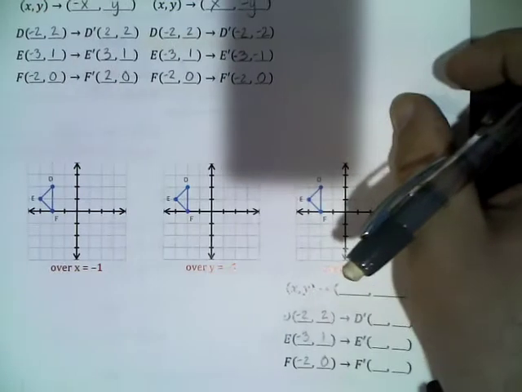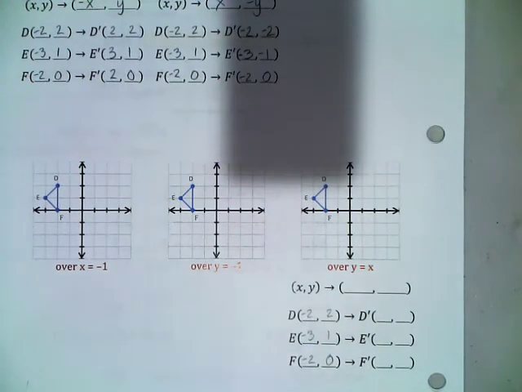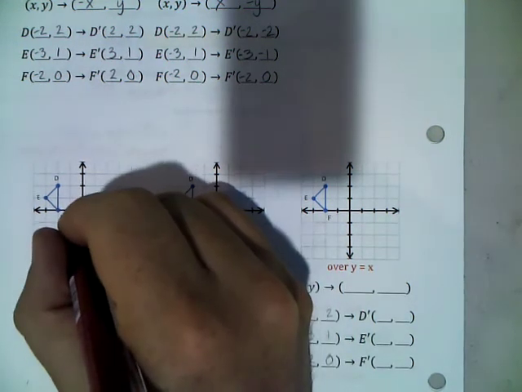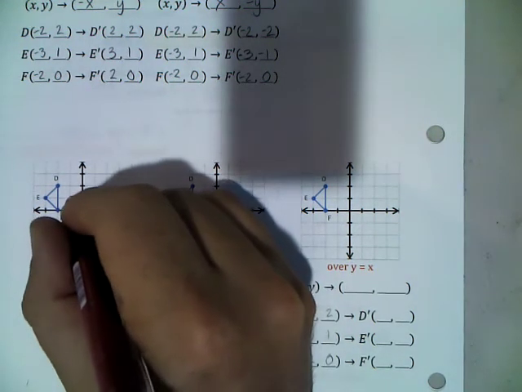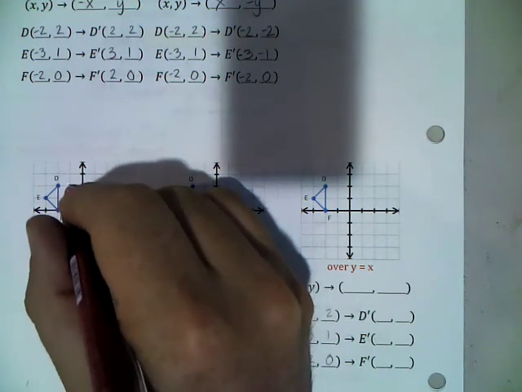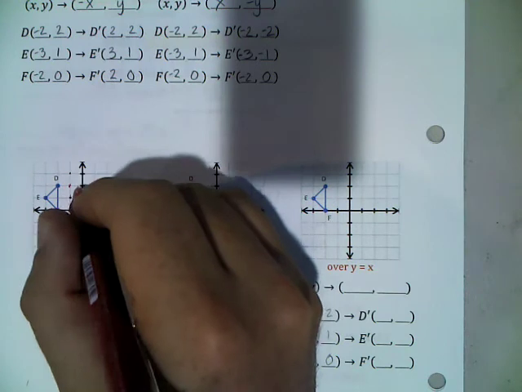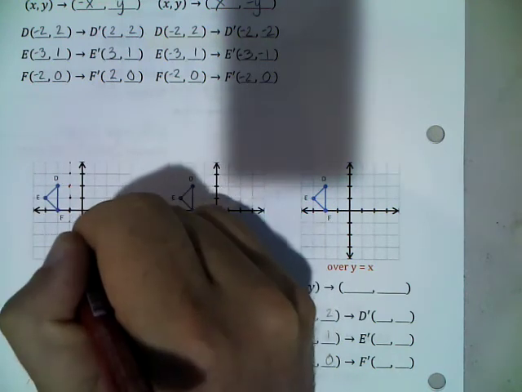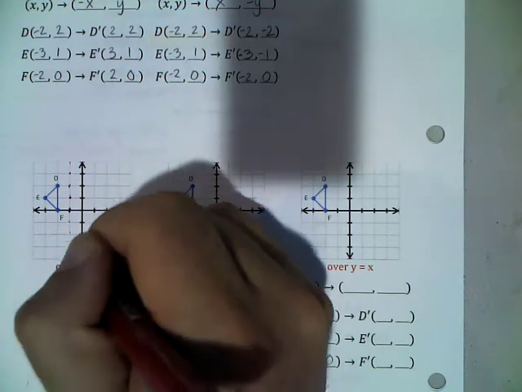Down here, we're asked to reflect over the line x equals negative 1. So if we think about all the places where x is negative 1, well, obviously x is negative 1 right here, negative 1, comma 0. It's negative 1 at negative 1, comma 1, negative 1, comma 2, negative 1, comma 3, negative 1, comma 4, negative 1, comma negative 1, negative 1, comma negative 2, negative 1, comma negative 3, negative 1, comma negative 4.